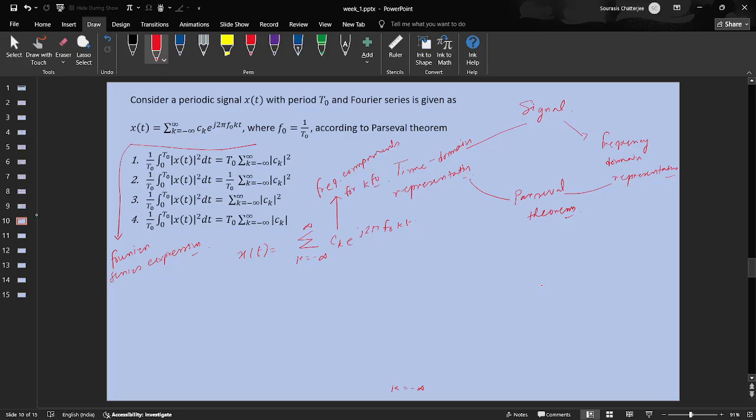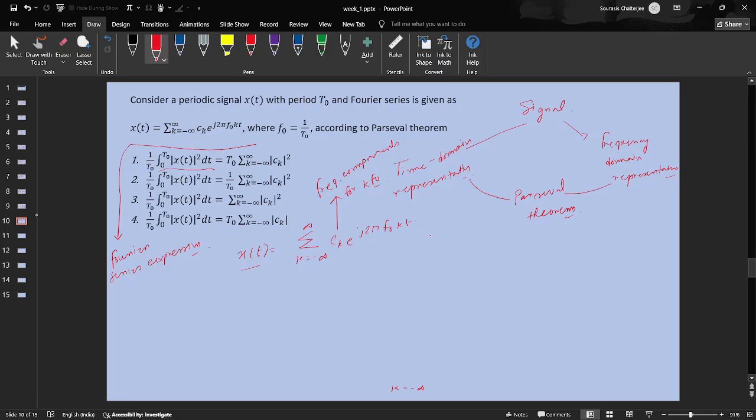So there are two things: xt, a time domain representation, and the ck's, which are the frequency domain representation, or the spectrum. How do these two things connect? That is our idea. Here we can see on one side it's the power, and on the other side it's some expression.